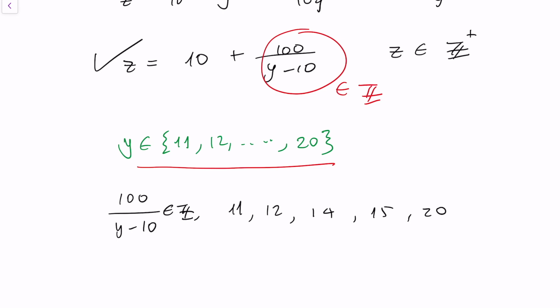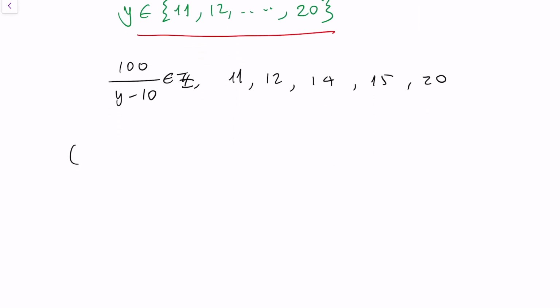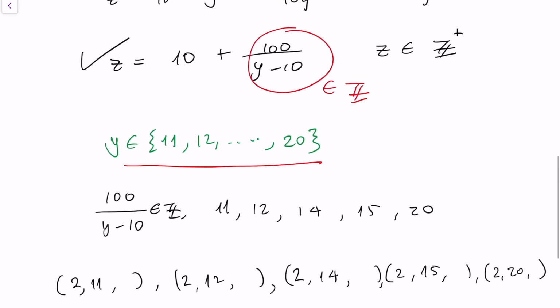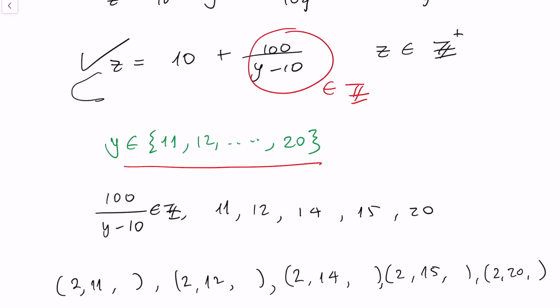So now we know that. We know the value of x is 2, so let's write it down. So we have 2, 11, and we don't know what the z value is. 2, 12. Okay, so these are all the possible answers, and all we have to do now is find the values of z simply by substituting these values into this equation here.